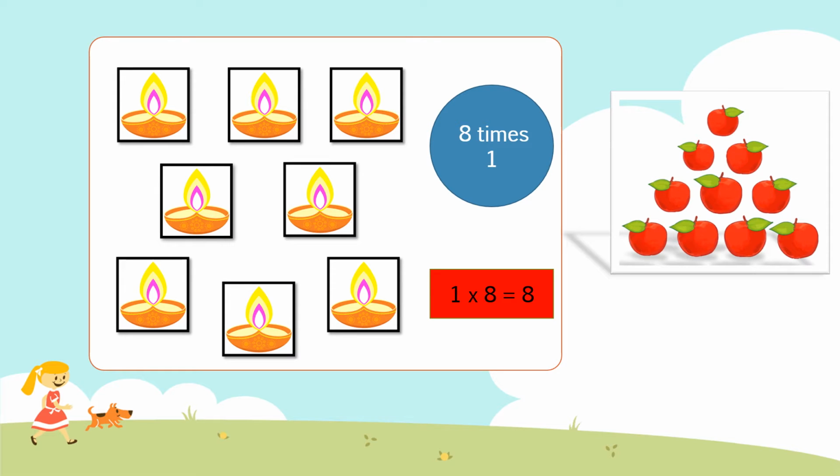That means 1 time 10. When we write 1 ten is, it gives you 10. Children, this is the identity property that we learned. Any number which is multiplied by 1 gives you that same number.